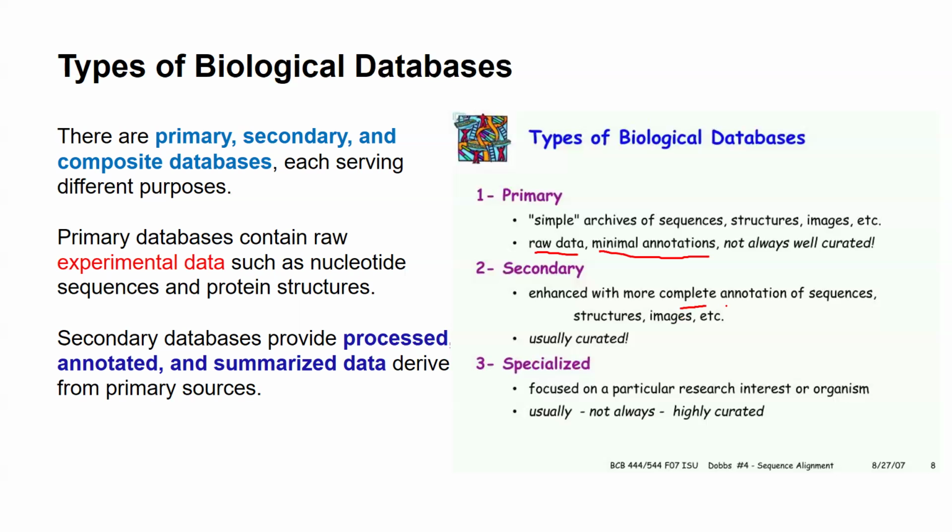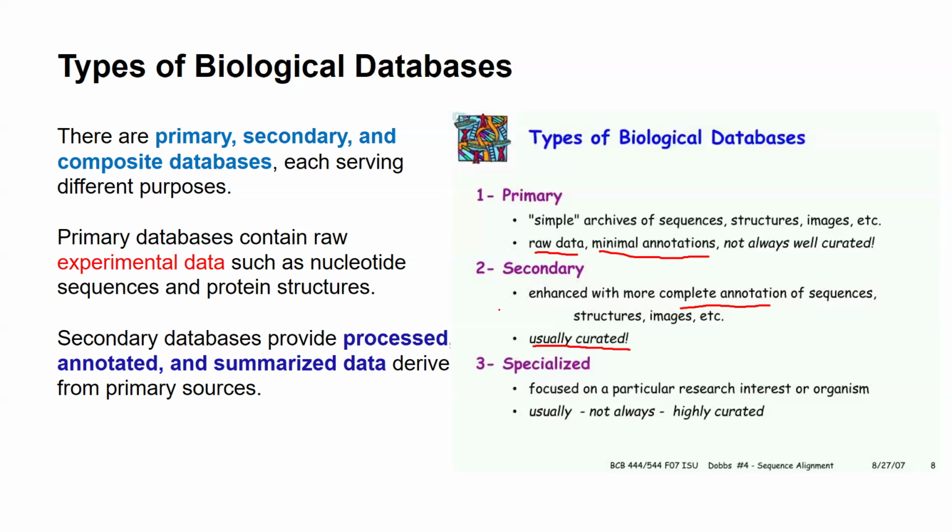So when you provide complete information about the primary data, meaning you processed it and summarized the data in the form of sequences or structures or images, that is what we describe as a secondary database. And the secondary database is usually curated.